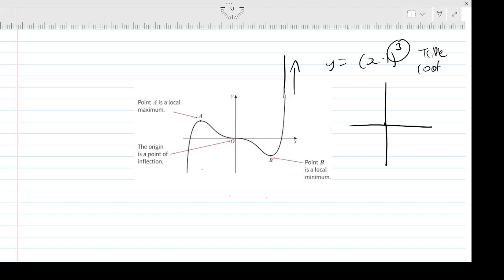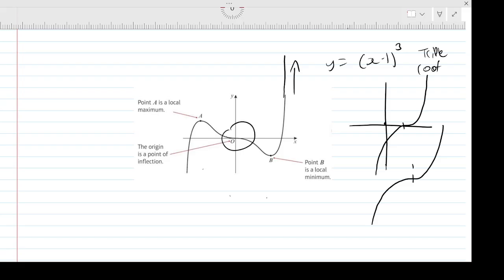If the factor repeats 3 times, it's a triple root. That means x equals 1 is the solution, and it creates a point of inflection, meaning it levels off as we go towards 1, and then it shoots back up. It's this levelling off that is a point of inflection.